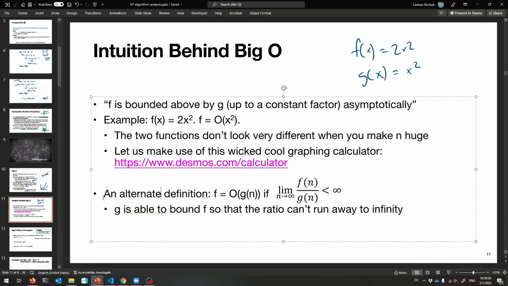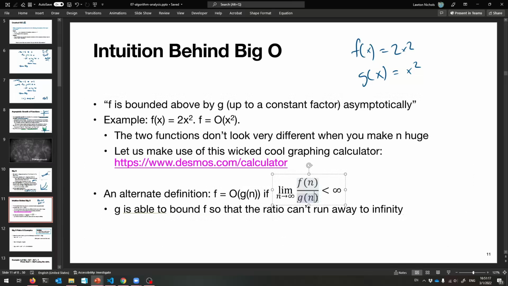Okay? Alternatively, if you've taken calculus and remember limits, you can say this. There's an alternative definition for big O. F is big O of some function g if you take the limit as n goes to infinity, dividing f by g, that is less than infinity. Okay? So g is able to bound f.